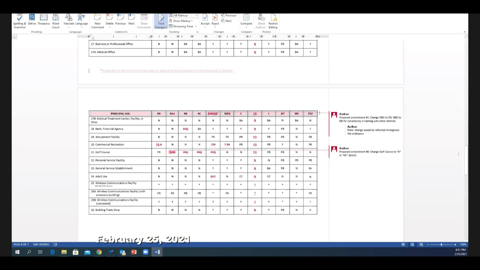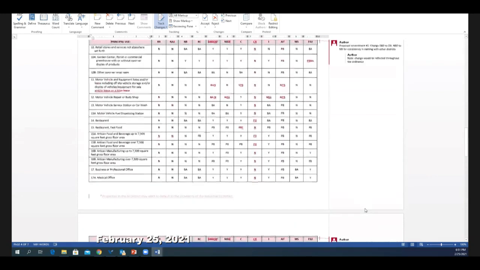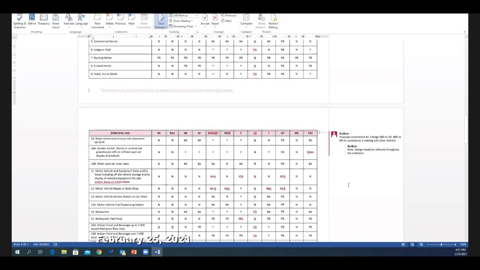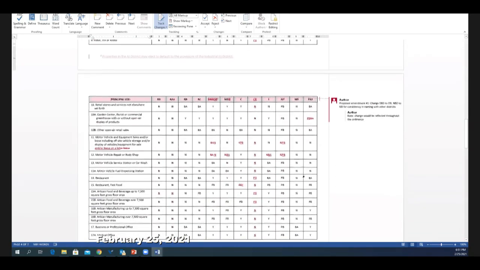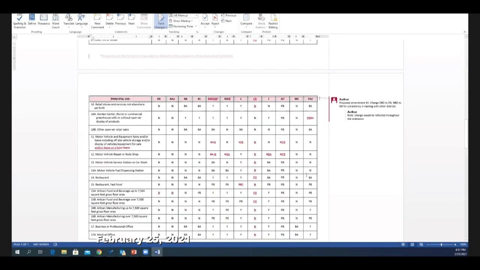Okay. Could you scroll? I saw a motor vehicle change in downtown business. Right. And in all of the other instances, it's kind of confusing because all the changes are red. This was a planning board change, and thank you for noting it.